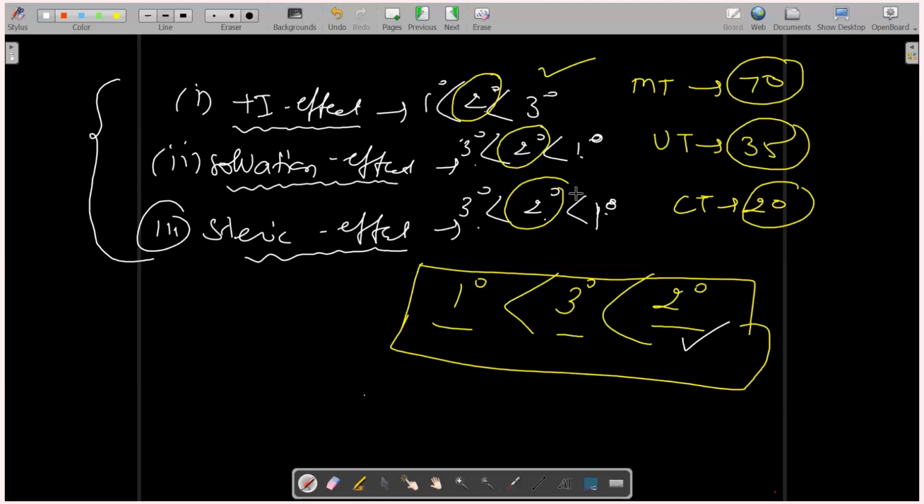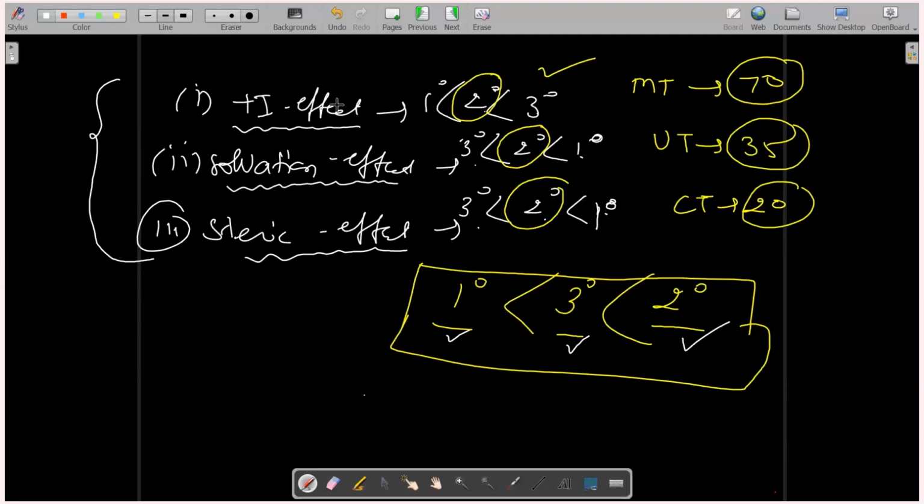So according to these factors, you are thinking that primary amine should be higher basic in nature, while I have written here tertiary amine is much more basic than primary amine. In spite of tertiary being a stronger base only 1 time, while primary 2 times, it means something else we have to discuss. So tertiary is more basic than primary in spite of only 1 time.